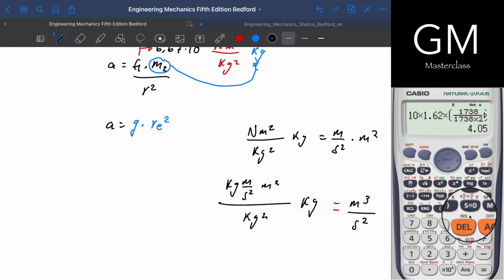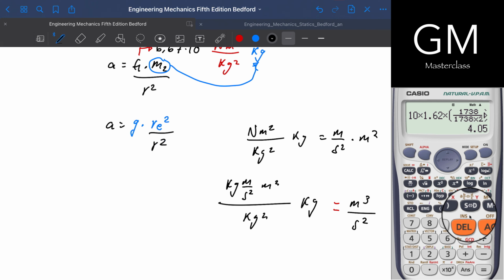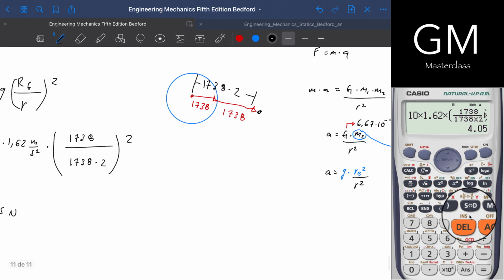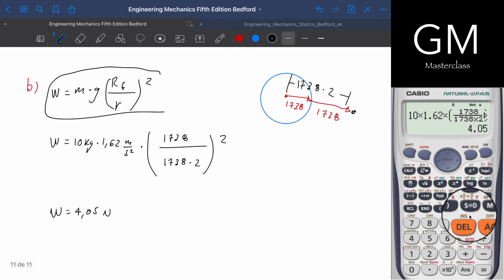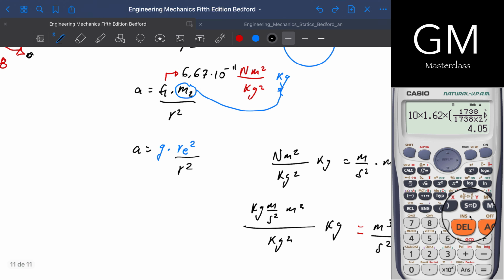Now this g I have to write down times RE to the second power. And this is closer to the equation that I used to solve the exercise. I just have to multiply both sides of the equation by the mass. A mass multiplied by an acceleration is equal to a force, in this case the weight.